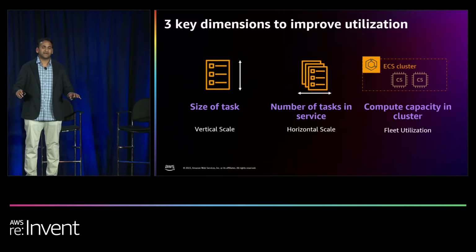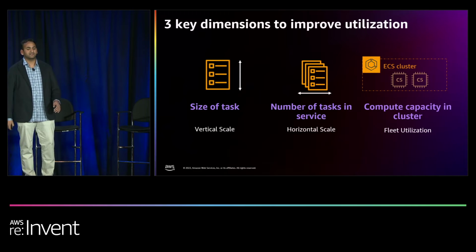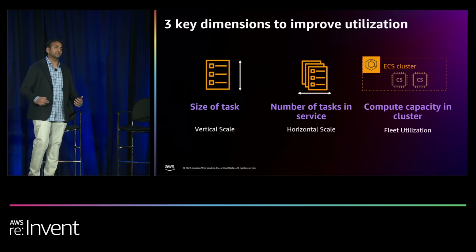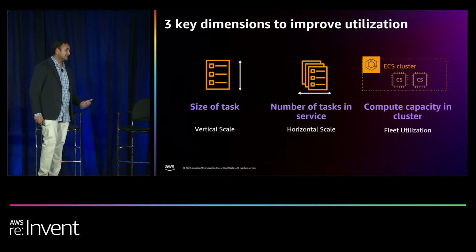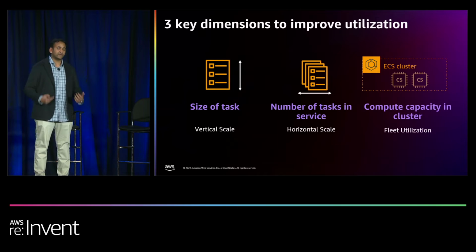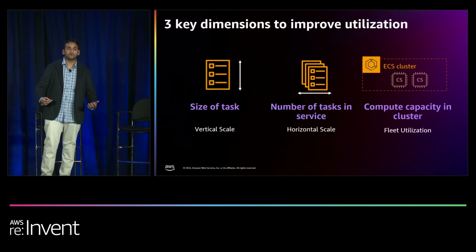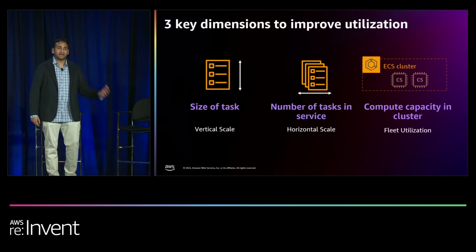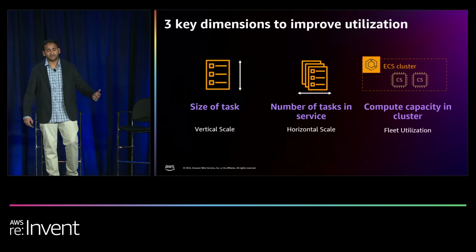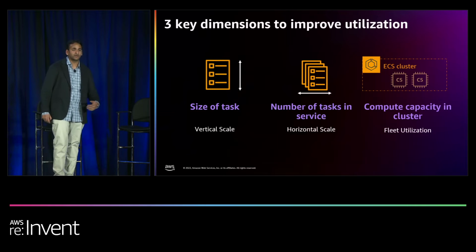I'll take a step back to talk about the 3 key dimensions that you can think about to improve compute utilization. The first one being size of the task. When you run a container on ECS, you need to configure how much compute you need for your container. So you might say I want 1 vCPU and 4 gigabytes of memory.